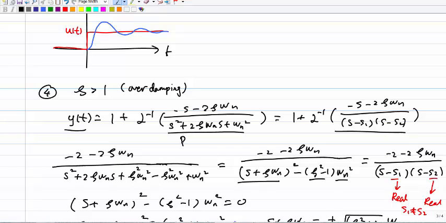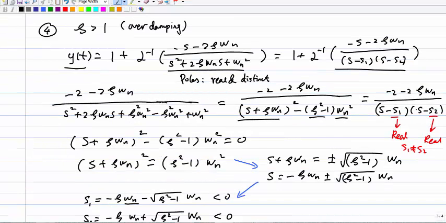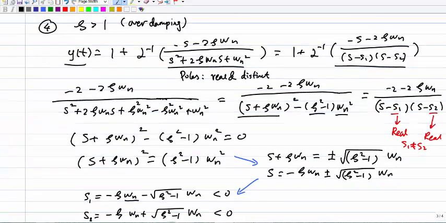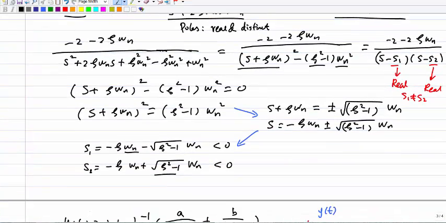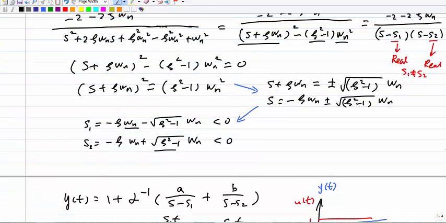This basically says that if theta is greater than 1, the poles are real and distinct. So you can rewrite this one in two forms. The only problem I have to figure out is what my S1 and S2 are.